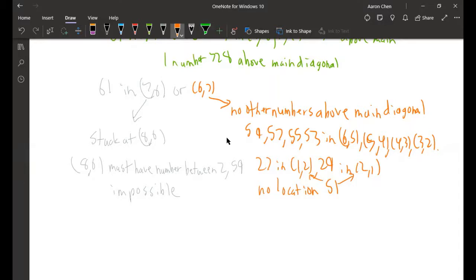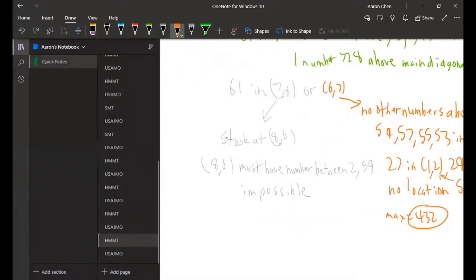And so this is a contradiction. And so what that means is that the maximum number is just equal to 432. So on to level 4.